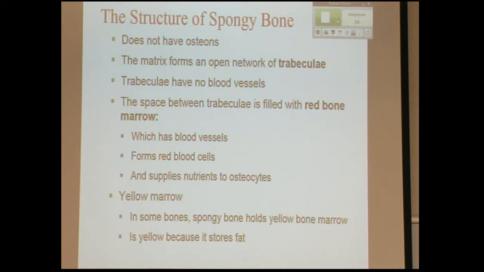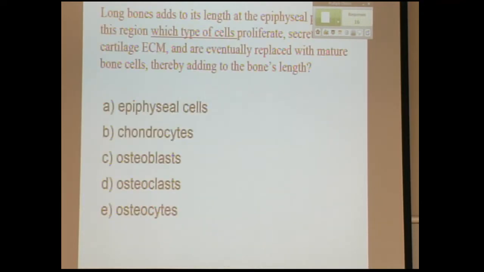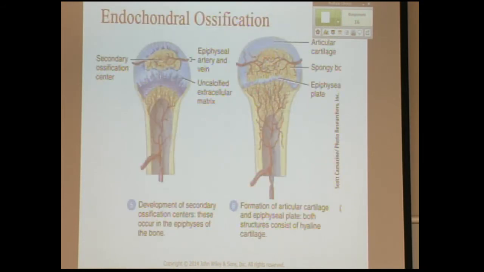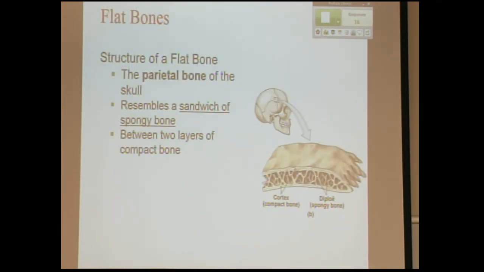So the blood vessels are inside the trabeculae? They're around it. So I think, is there a better picture back here? Maybe back to our flat bone. So there'd be blood vessels in these black spaces between the trabecula. A trabecula is one of these columns. That's a trabecula. So between the trabecula are the blood vessels.